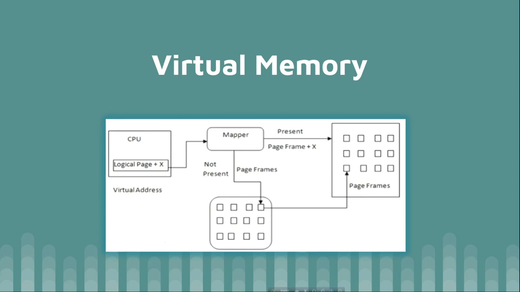The virtual address, as logical page plus the location in which it will be stored, must be mapped onto an actual physical main memory address by the operating system using the mapper. So this virtual address comes here, and the mapper checks or verifies inside the main memory. And these are the page frames available inside the main memory.